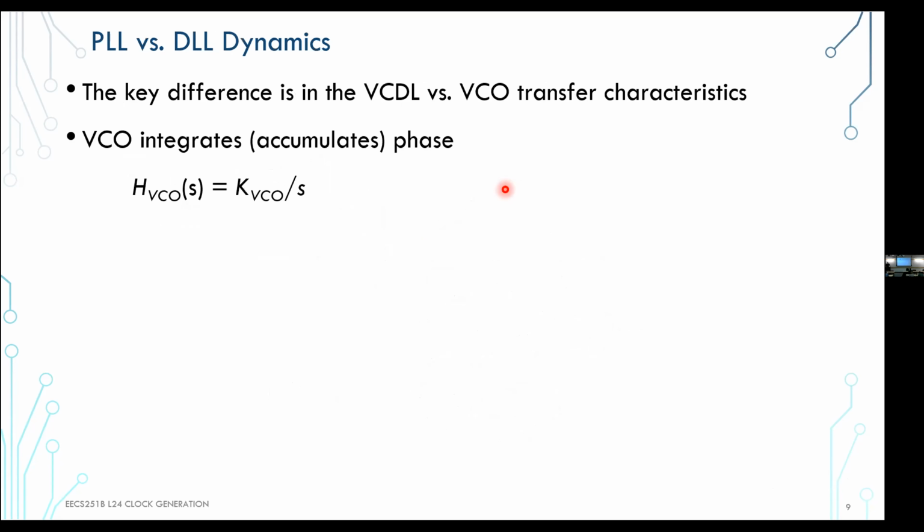Okay, so as we mentioned, the VCO integrates, right? The control voltage error affects the frequency, and then the phase is an integral of frequency, right?